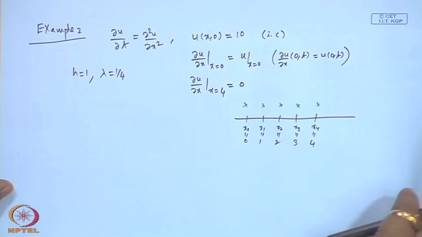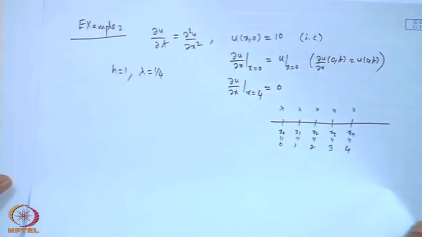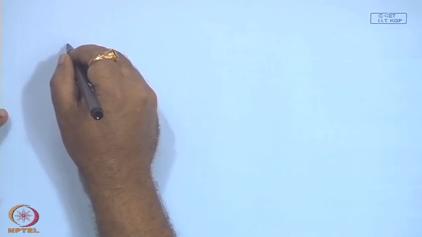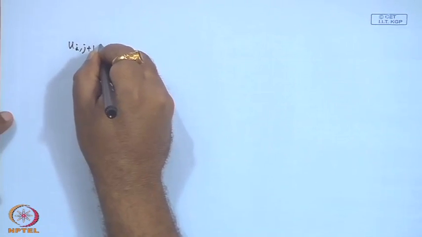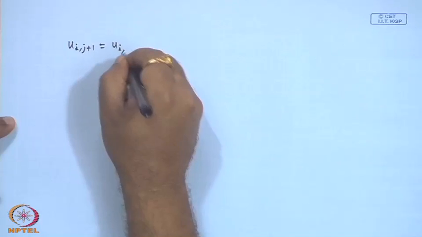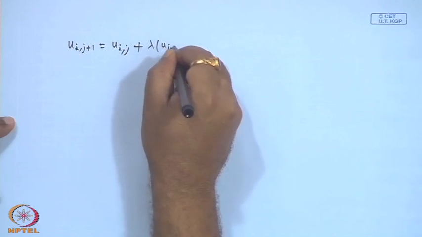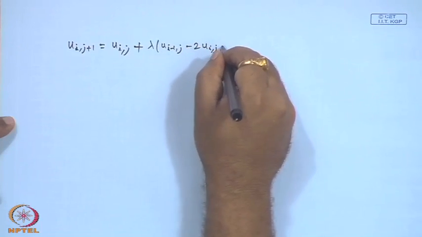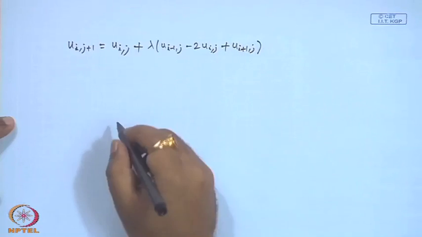So, let us look at the explicit scheme in this case. u I j plus 1, okay.